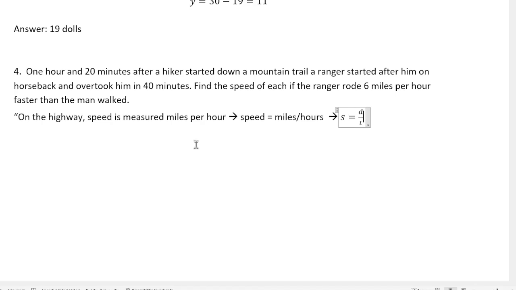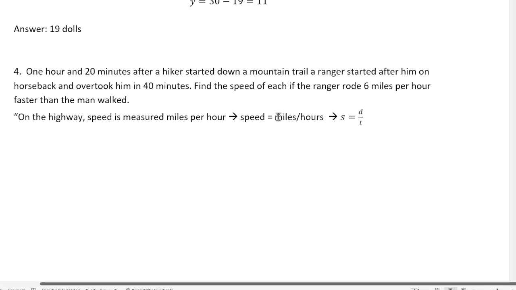Or another way to say it is that speed is distance divided by time, because miles is a unit for the distance, and hours is the way we measure time, right? So that's how you should remember this formula, that speed is distance over time.